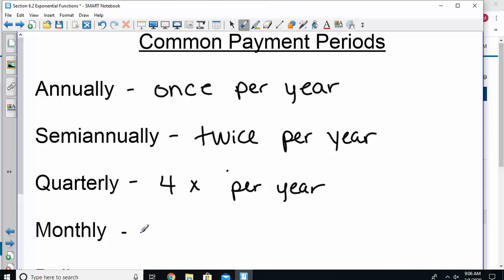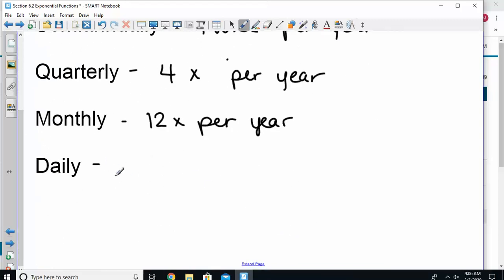Monthly. And the last one, 365 or 360. We are going to exclude leap years to make life easier. So when we talk about daily, we are going to say 365 times per year. You have to pay something daily.